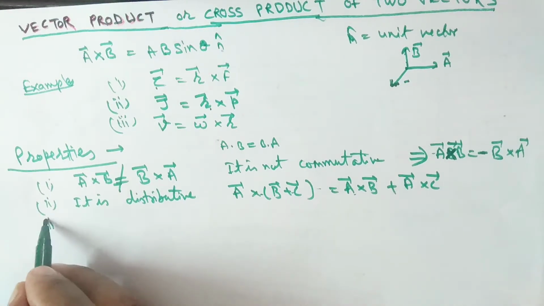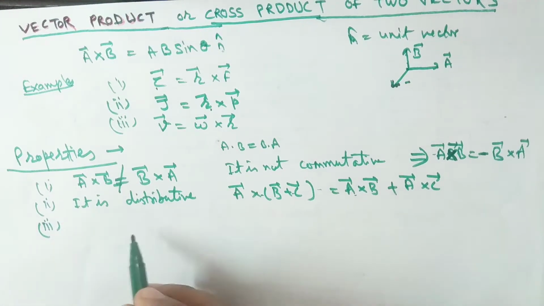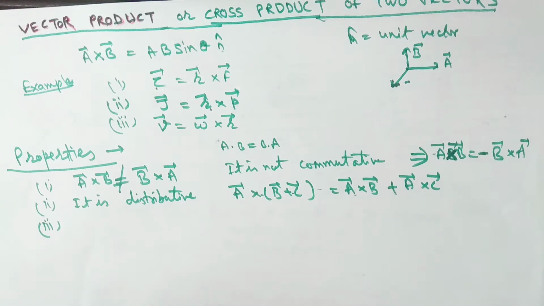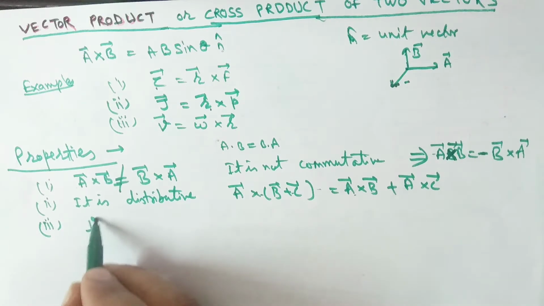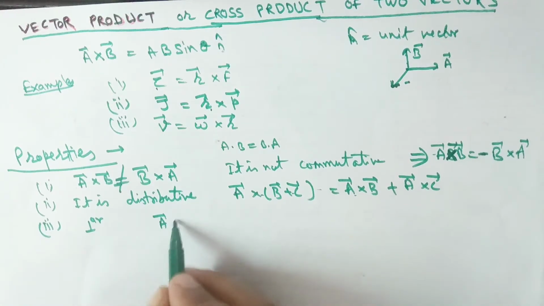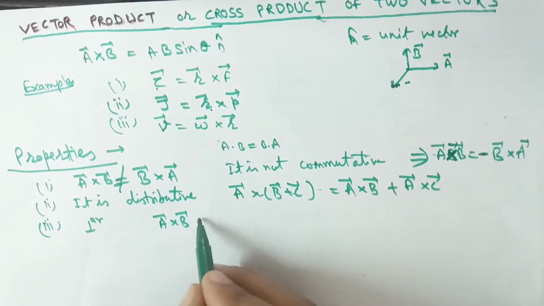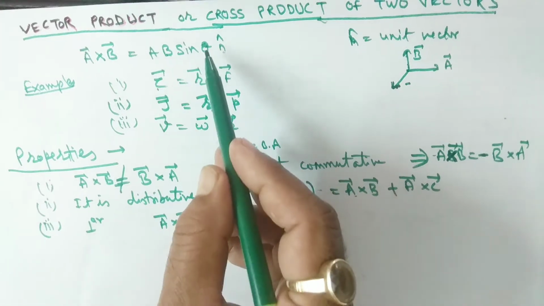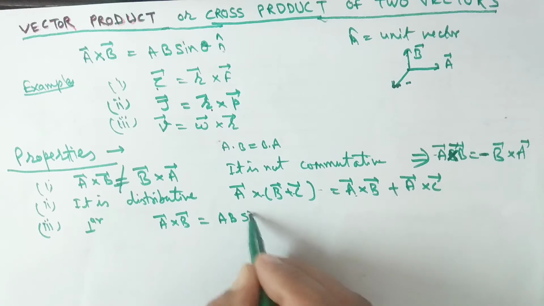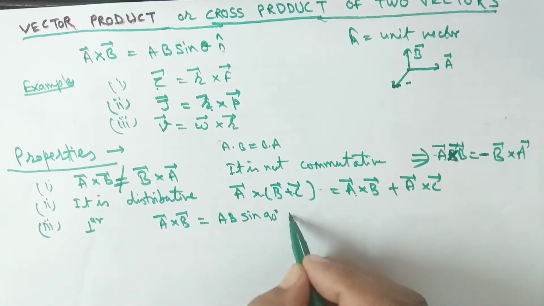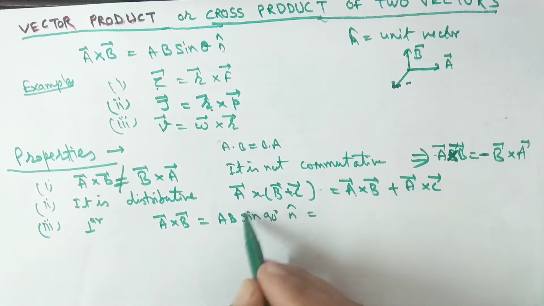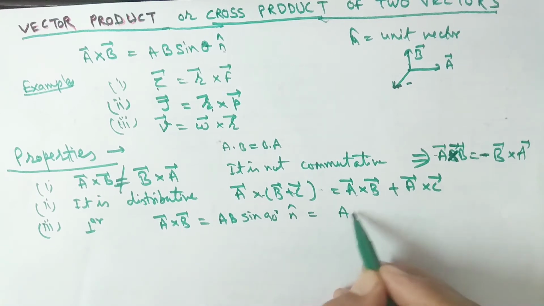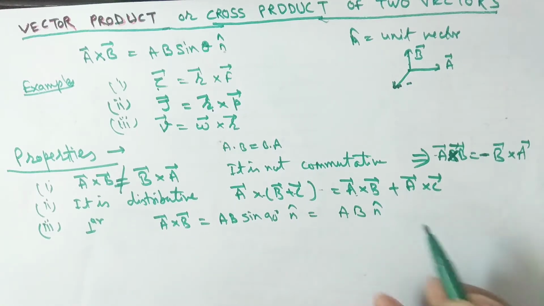Now come to the third property. Suppose two vectors are perpendicular to each other. In that case, A cross B is equal to AB, according to the definition, where theta is equal to 90. So AB sine 90 n cap, and sine 90 is equal to 1, so it is equal to AB.